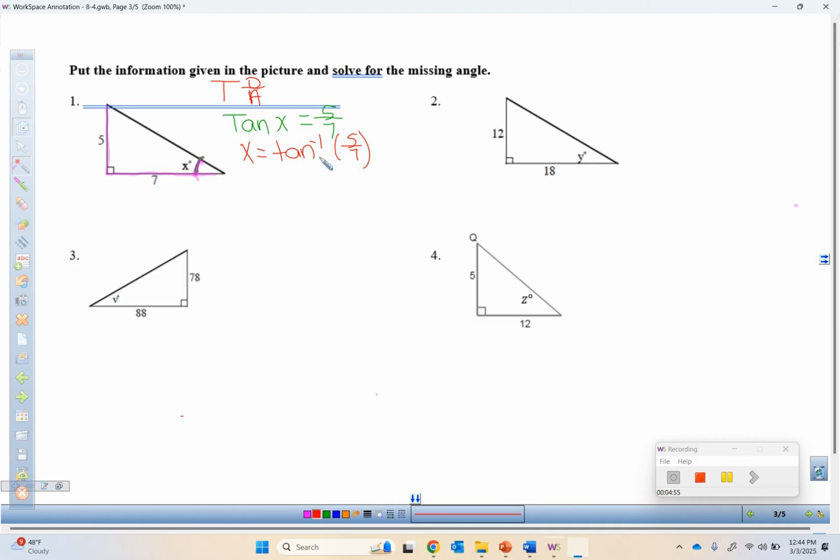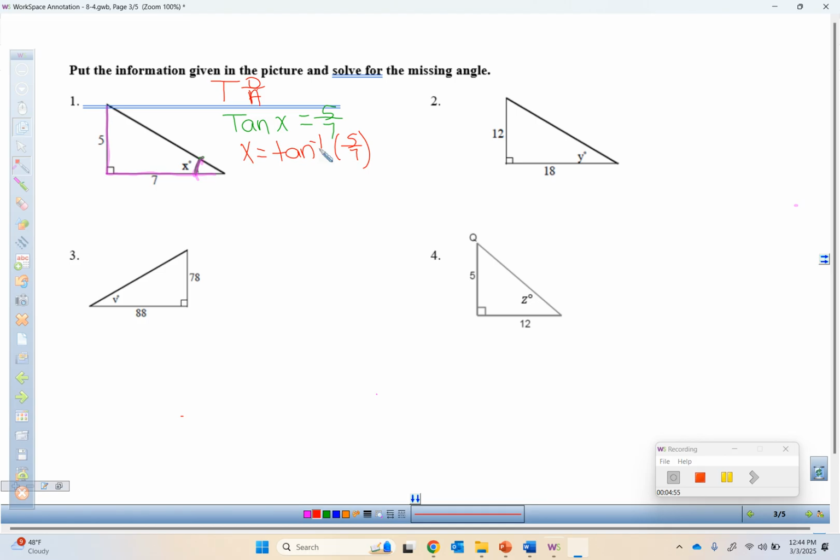So right now I want everybody to locate their sine, cosine, and tangent buttons on their calculator. Okay, and in order to use your inverse tangent, if you look above it, you should see tangent to the -1. Do you guys see that? Very good. So to get that, you hit the second tangent.